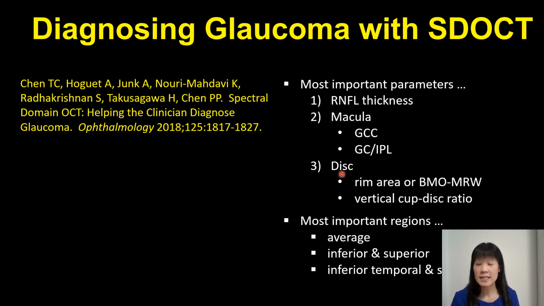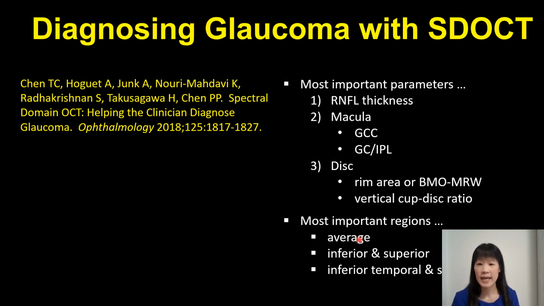When you look at the disc, you want to focus on rim area for the spectral domain OCT machine. However, if you have the Spectralis machine, focus on BMO minimum rim width thinning. And if you have a non-Spectralis machine, look at vertical cup-disc ratio. So those are the three regions of interest that you should focus on when you're in the glaucoma clinic with your patient. And the bottom line, all of these regions thin with glaucoma.